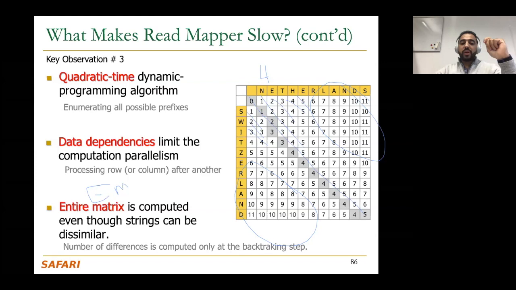This might be better than MN, where M is the length of one of the sequences and N is the length of the other sequence, for example. So this is in big O notation. Is this clear?